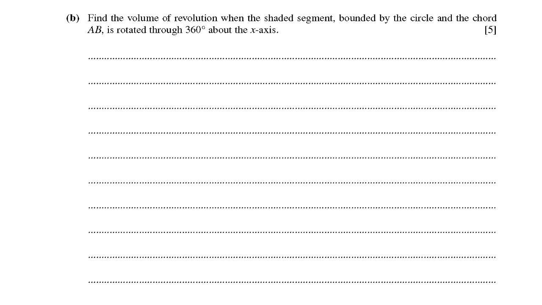Find the volume of revolution when the shaded segment, bounded by the circle and the chord, is rotated through 360 degrees around the x-axis. Okay, so if we just rotated the circle around the x-axis, it's going to rotate the part all the way down to the axis, but we have to cut that part out.